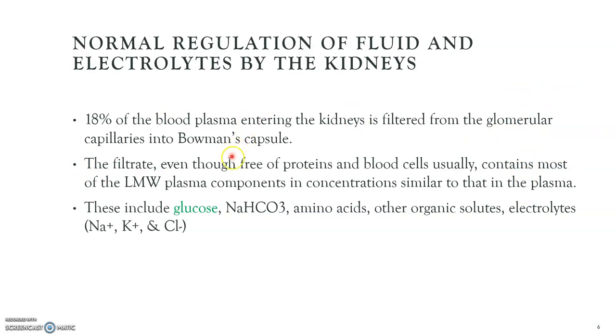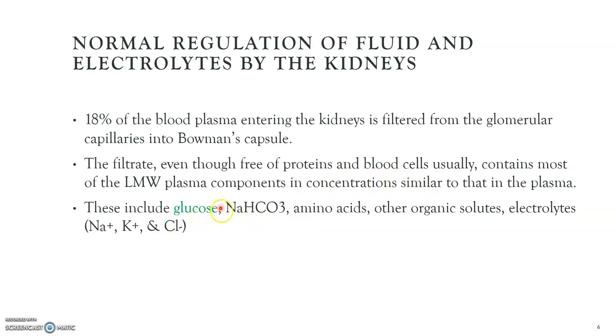The filtrate, even though usually free of proteins and blood cells, contains most of the lower molecular weight plasma components in concentrations similar to those in plasma. So it looks a bit similar to the plasma.